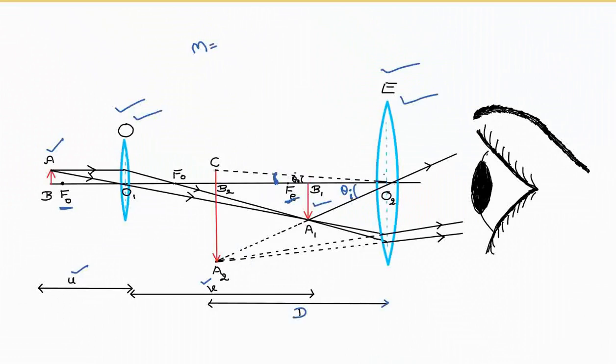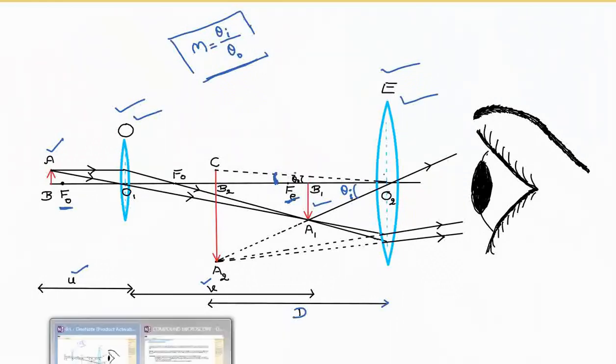And as per the definition, magnification is equal to theta I divided by theta O. So now let us start the derivation work. This one is the definition of the magnification. So we have to find the magnification produced by a compound microscope.